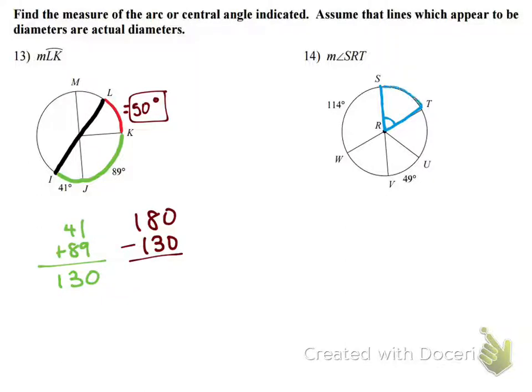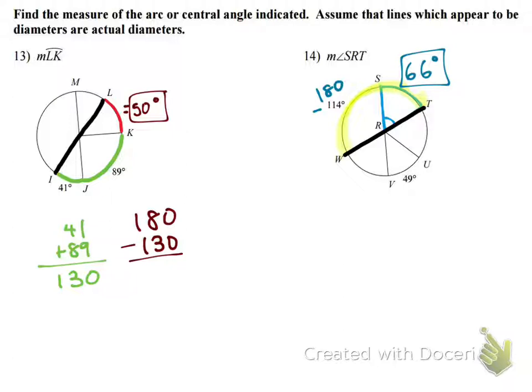ST. So if you knew ST, you would know that angle. These are congruent. They are vertical. I'm just saying we know how many degrees is this arc? 180, because it sits on the diameter. So you can do 180 minus 114. So then what's the measure of this arc? 66, which means the angle is also 66 degrees.